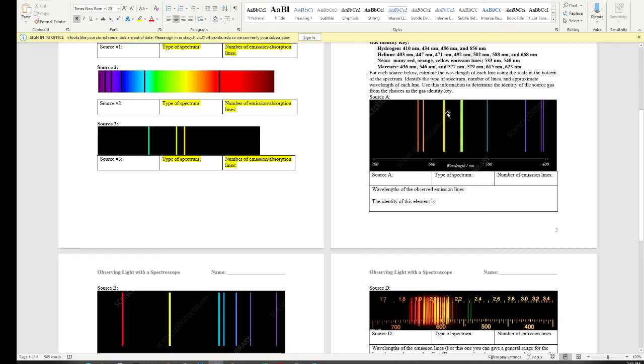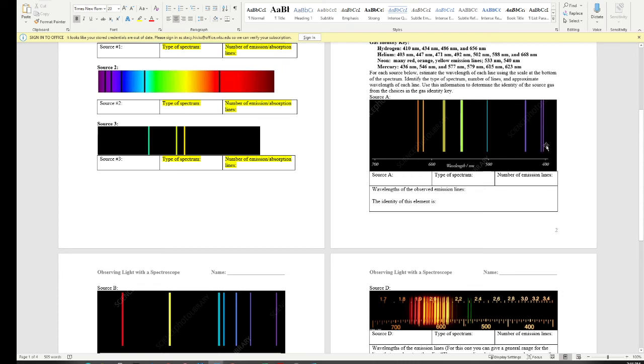These are 2 that are close together, 5, 6, etc. And then you're going to use this scale at the bottom to estimate the wavelength of these spectral lines, right? So this goes from 700 to 600 here. So remember, this is in reverse order, so be careful.